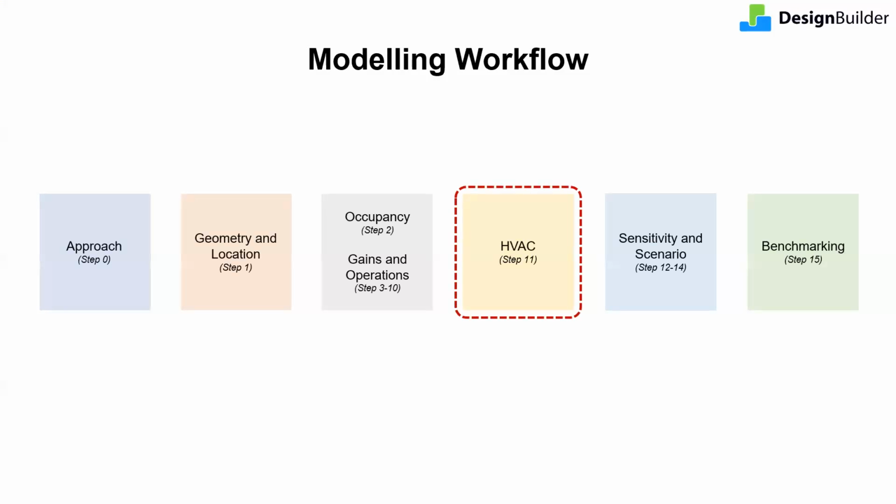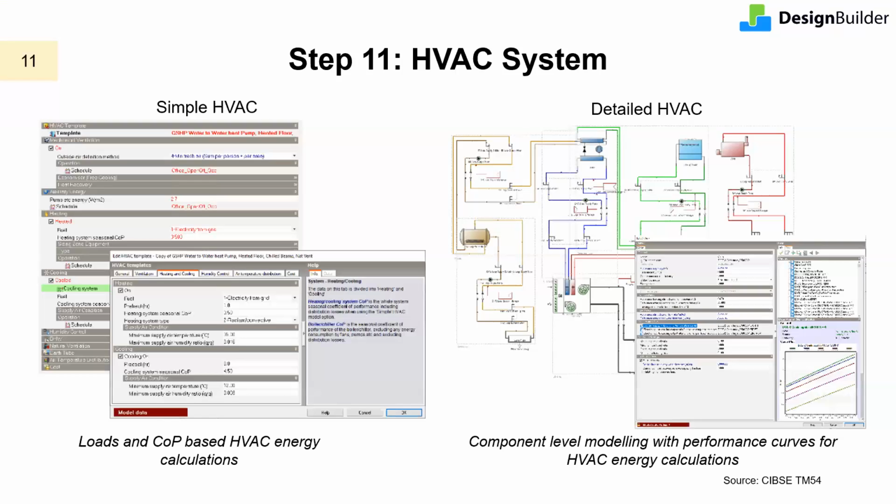So after adding all the data for the baseline projections, the last item is HVAC system design. Depending on the design stage and the complexity of building systems and their controls, a simplified template-based HVAC modeling or a detailed HVAC modeling can be done.